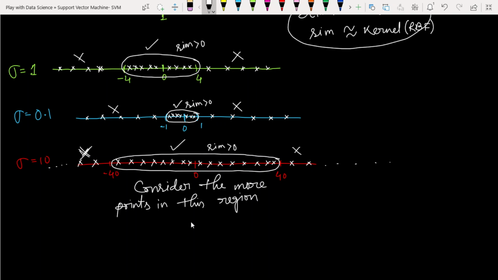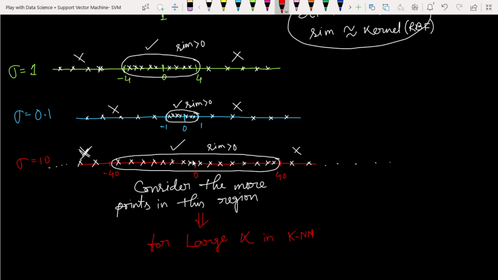Okay, so this thing is one kind of, you can consider this as equivalent to a large K in KNN.